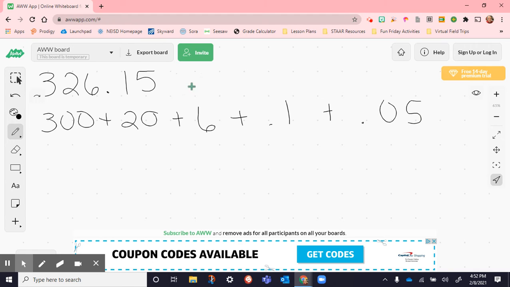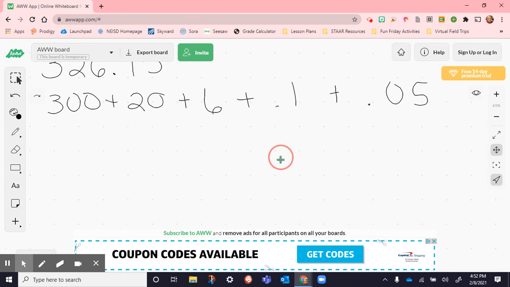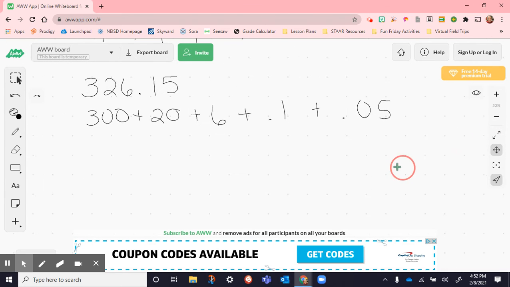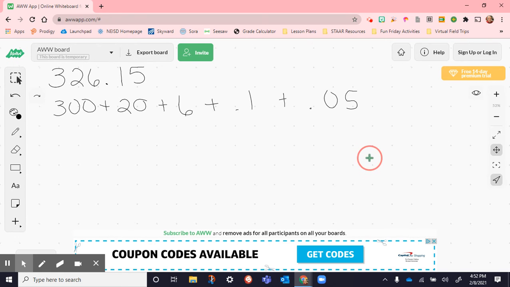Now, expanded notation is when we have it written out in parentheses and we show where we actually got these numbers from.